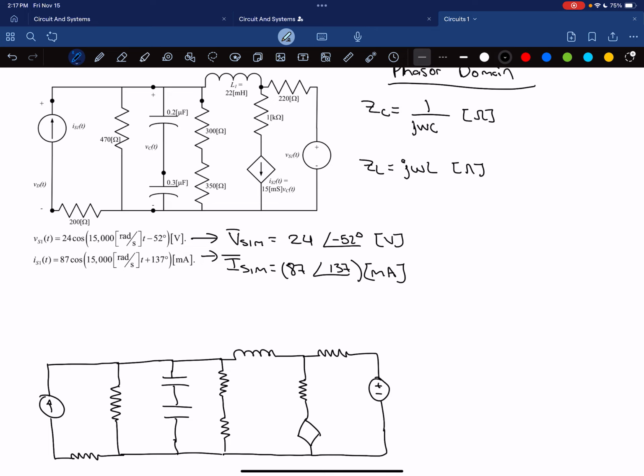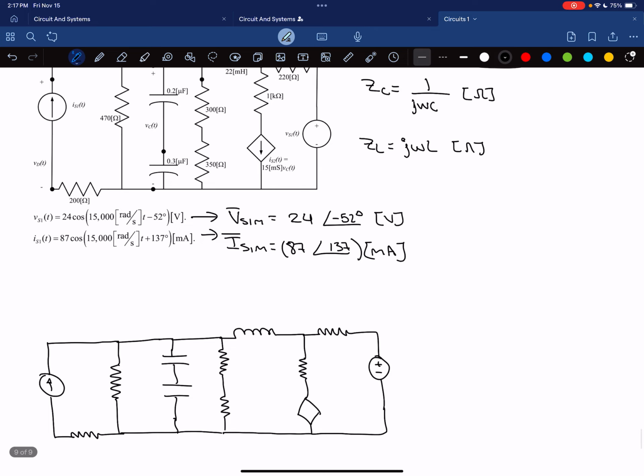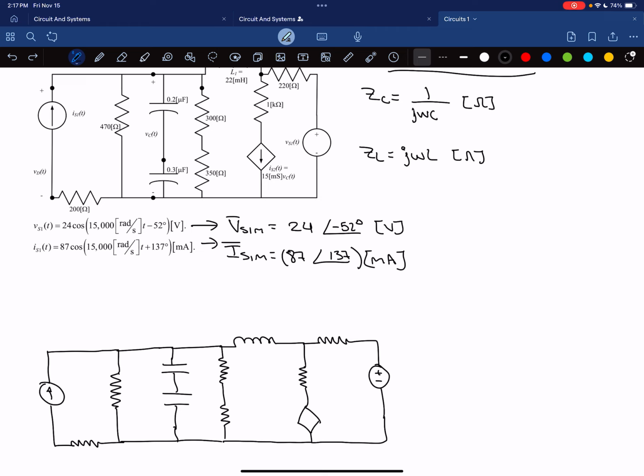Perfect. So now we're going to start by putting values into our new circuit. This is our new circuit in phasor domain, and we already know that this one is my VS1, so VS1M is going to be equal to 24, angle negative 52.